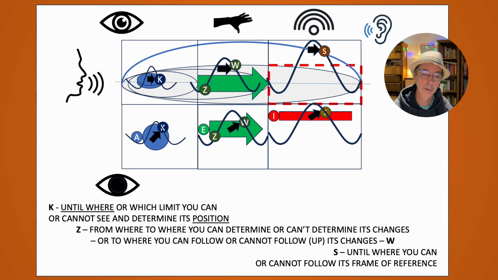The Z is also from where I can determine or can't determine what is changing in time, or where I can follow all of its changes afterwards with the W. The S as well, it's the last frame where I can say, okay, here I can still follow, or not follow anymore, this whole frame of references, whether I can still find the context or not.